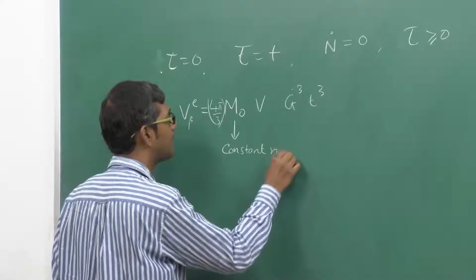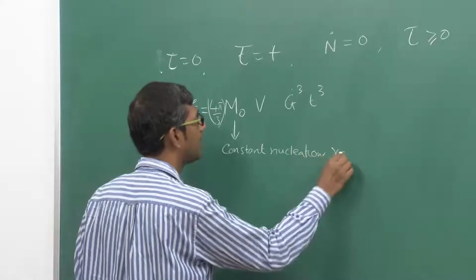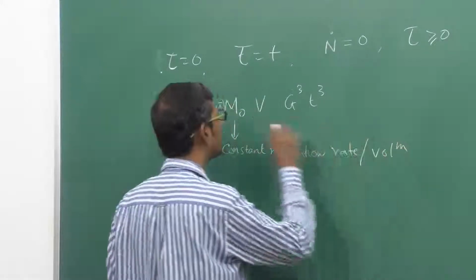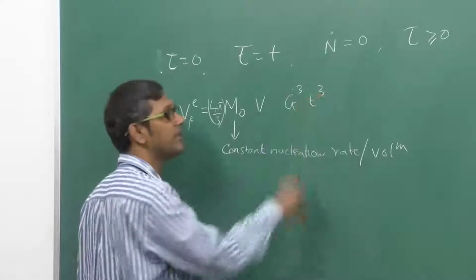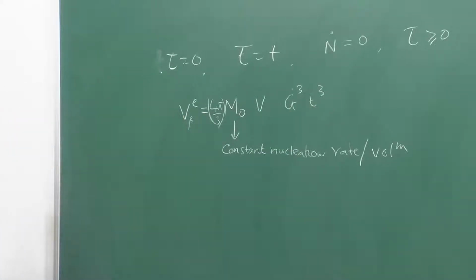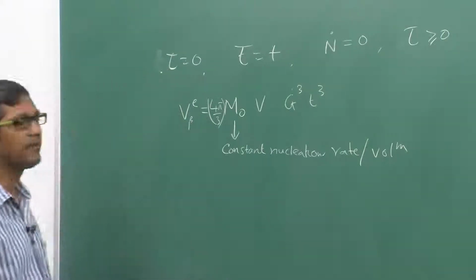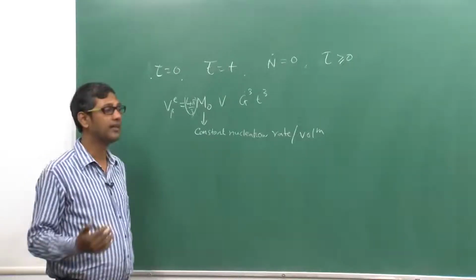It was there at the beginning of the transformation, all the nucleation was there, the nucleation rate per volume, and that is why you multiply by V, and G to the power q is there. Remember, the exponent of t has reduced from 4 to 3 here. That is because it is very simple. Once you have pre-existing nuclei, it can grow only in 3 directions, x, y, z.